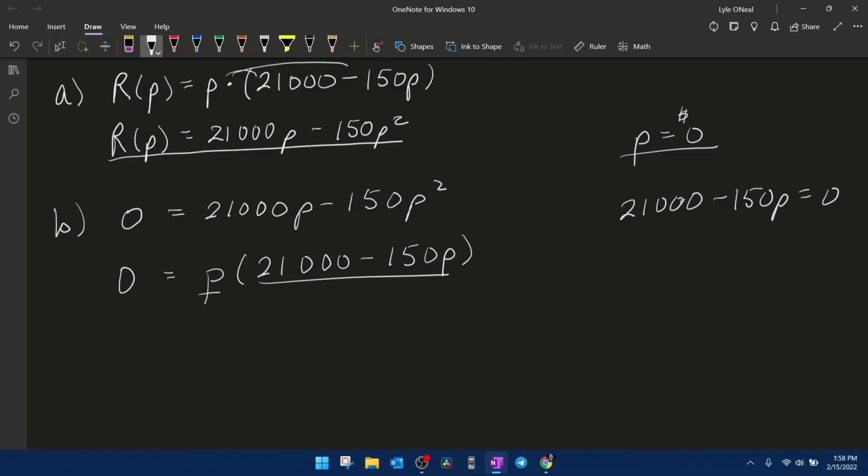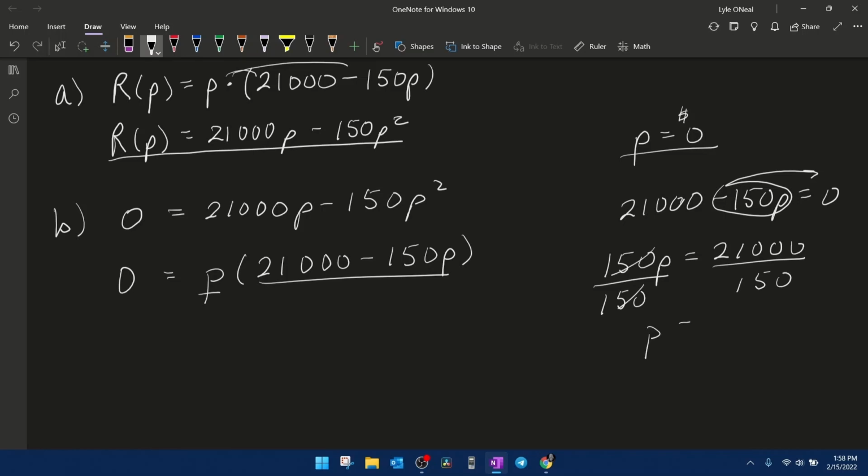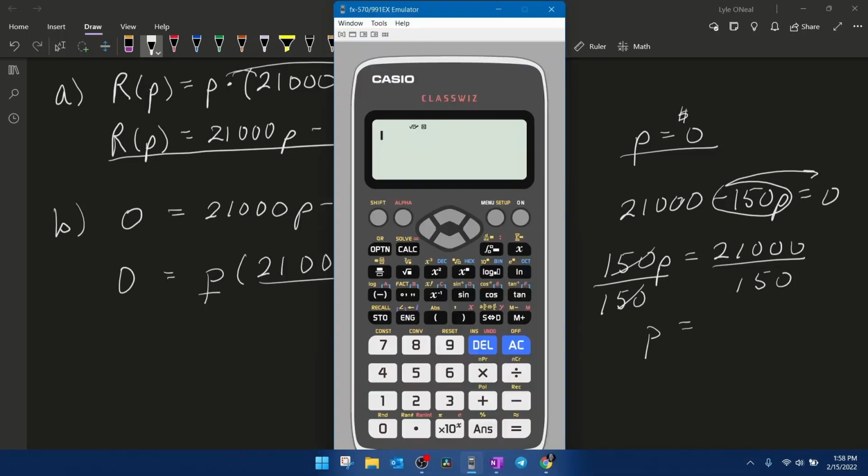And for the second factor, if we solve for P, moving the 150p to the other side will make it positive: 150p equals 21,000. Dividing by 150 is going to give me the maximum value for the price of a calculator, and I'm going to use my Casio to calculate this value.